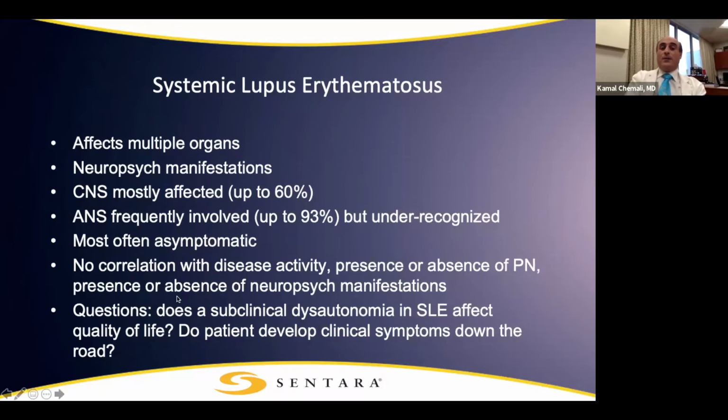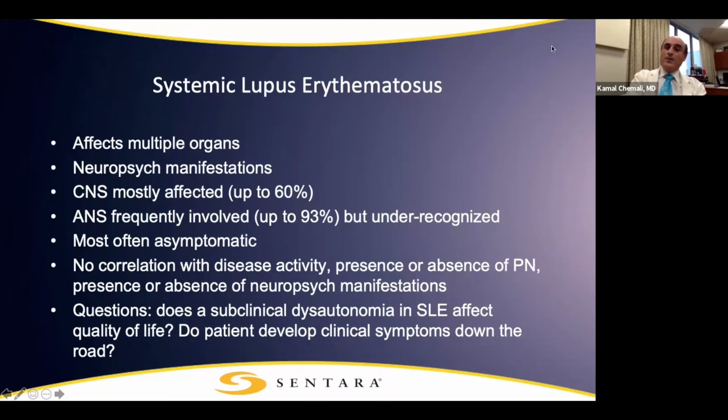And the question that really is of importance here is, does a subclinical dysautonomia in lupus affect the quality of life? If so, then it's worthwhile addressing it and treating it. But if it's not, if it's just a laboratory finding, then, you know, we have to ask ourselves, should we really spend time looking for dysautonomia in lupus?